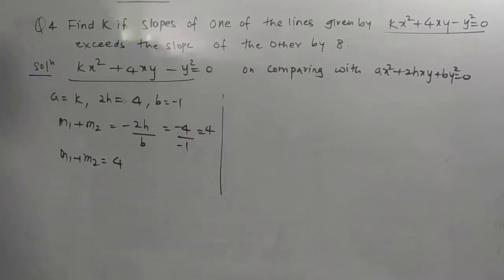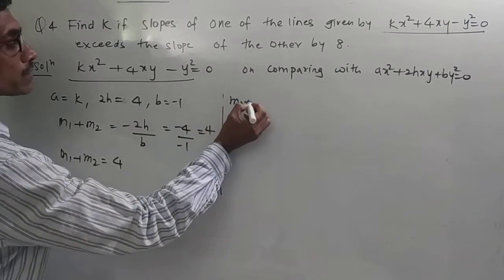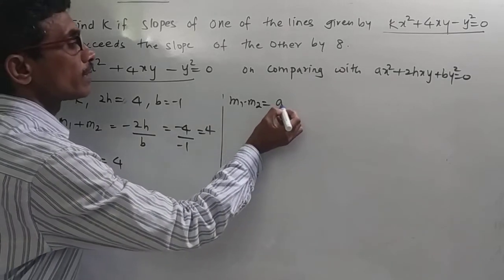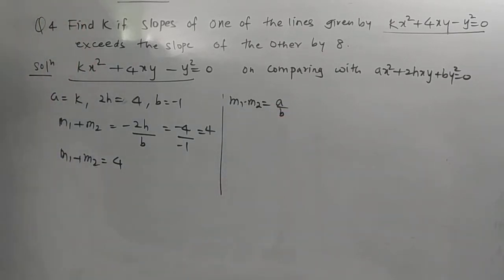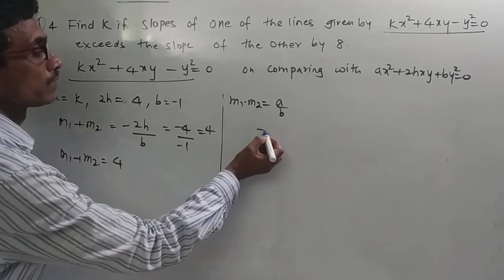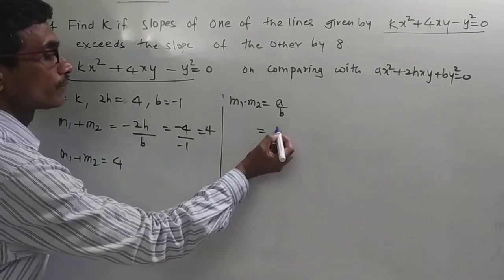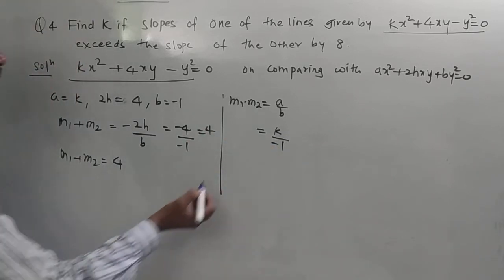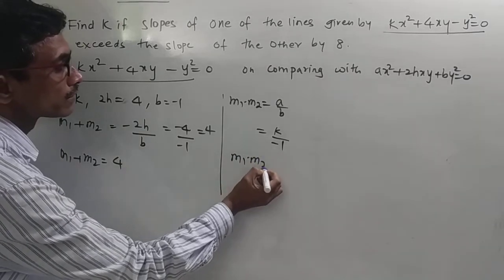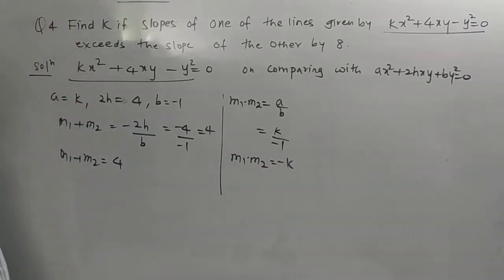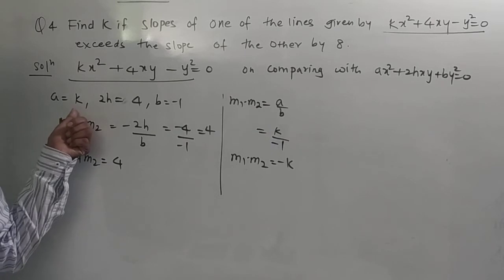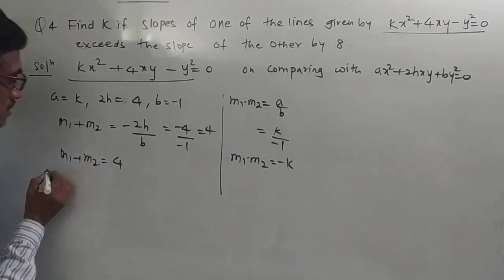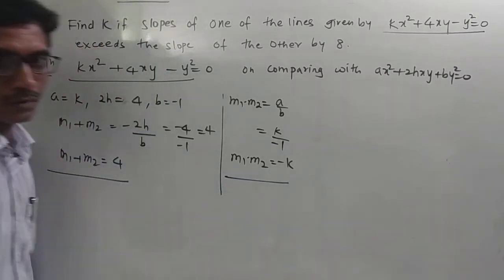Then m1 into m2, that is the product of the slopes, is given by the formula a upon b. A is k and b is minus 1, so m1 into m2 is equal to minus k. This is m1 plus m2, and this is m1 into m2.